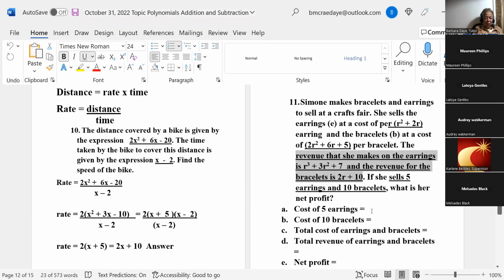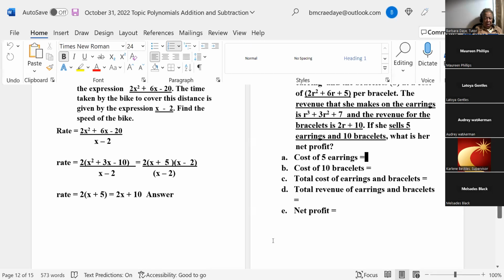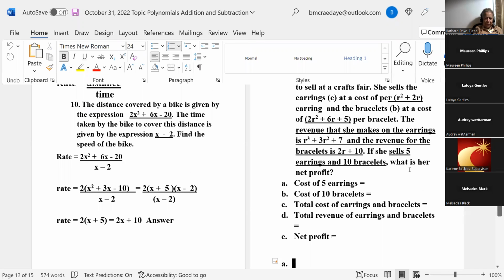Now, how would you find the cost of 5 earrings, Maureen? Multiply. How would you find the cost of 5 earrings? It will be 5.